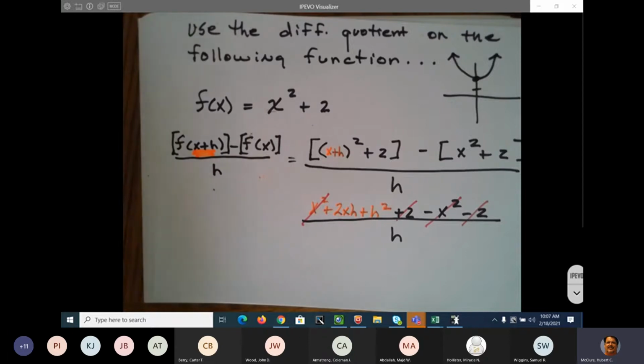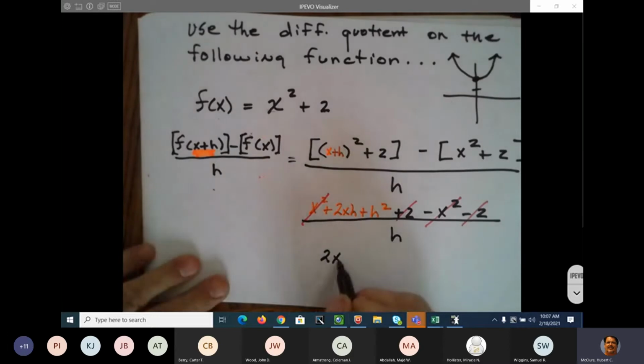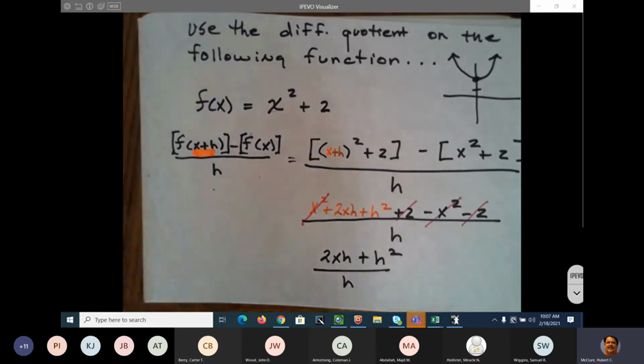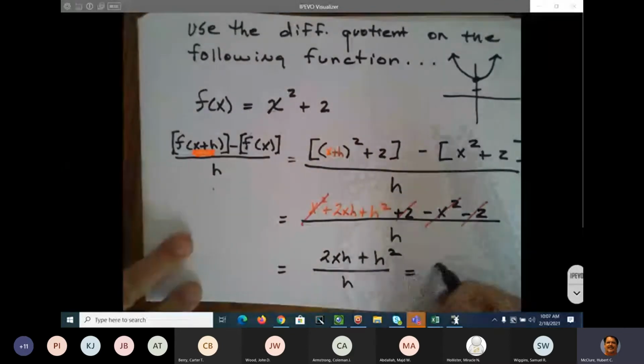All right. So I just saw that. I just pulled up the chat. So we got 2xh plus h squared over h. And to simplify this, the most simplified term, I'm going to factor out an h and cancel, and I get 2x plus what?